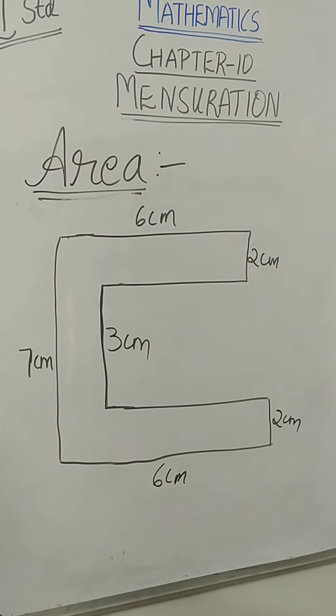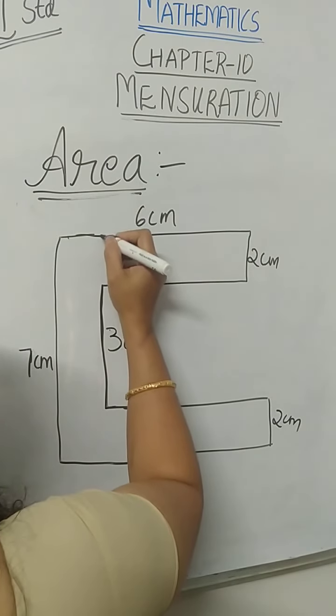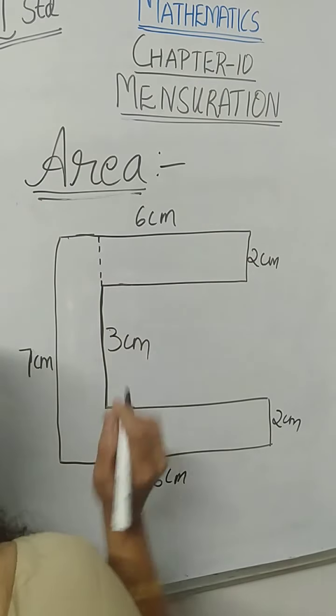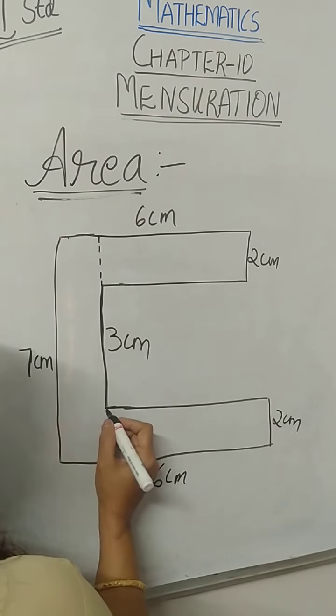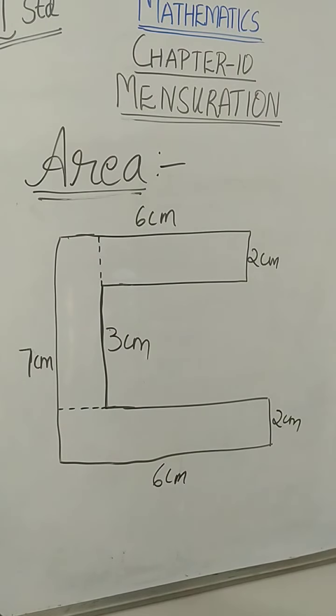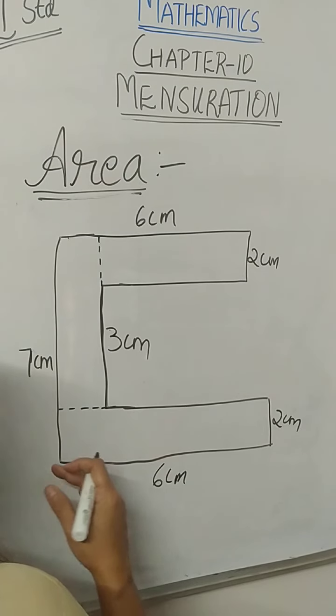Look now. Let us divide it into rectangles and find the area of this figure. Let us make it into rectangles. Here I have joined, and here I am going to join. Let us calculate now the area of this figure.